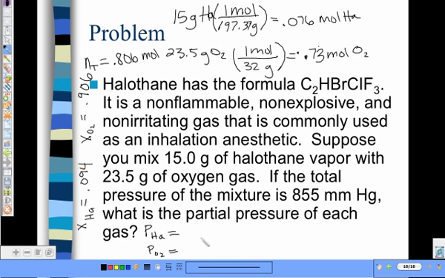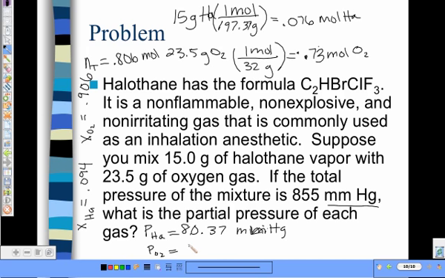So what's the partial pressure for halothane? This time we're in millimeters mercury, which is fine. We can leave it in millimeters mercury. It is 80.37. And how about for oxygen? Yep, multiply it by the total pressure.